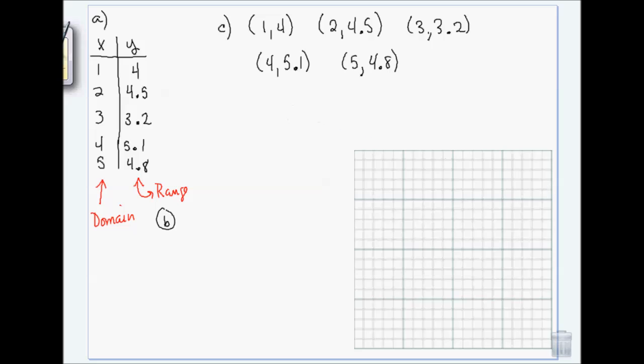So now we're going to graph it. Before I graph, I always look at what kind of numbers I have. My numbers are all positive. So I don't need a lot of space for negatives on here.